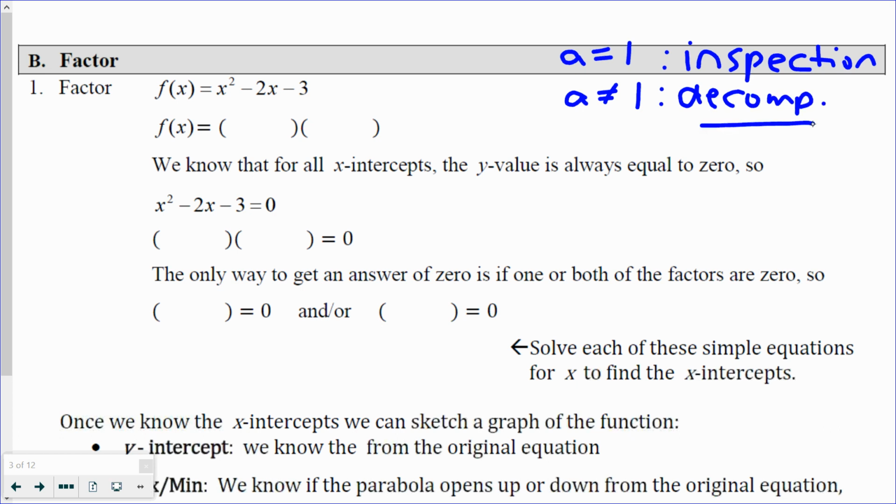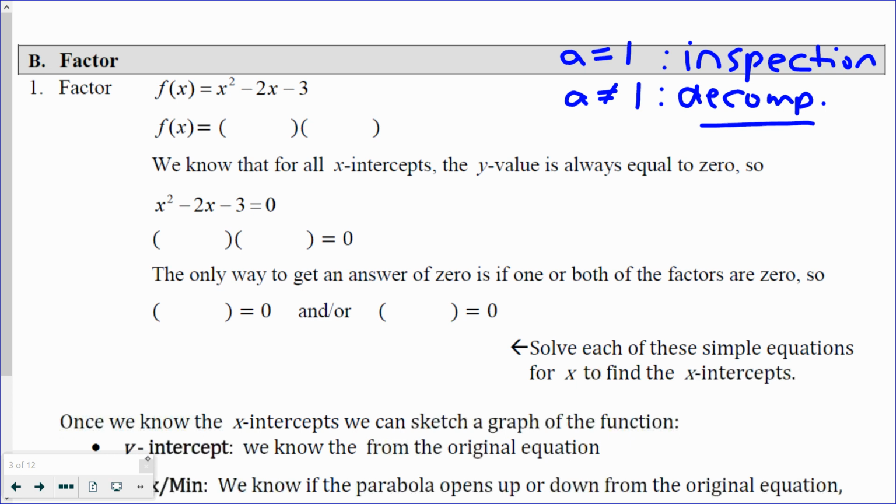You can use decomposition if A is equal to 1. It just adds on a step, but you can use decomposition all the time. But I love my lazy ways, and inspection's a little bit easier, potentially.